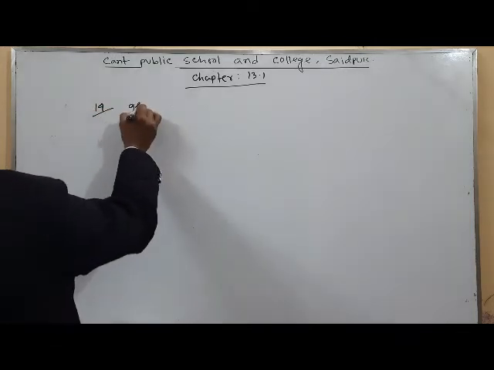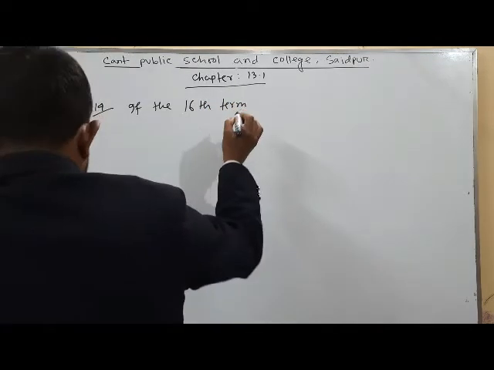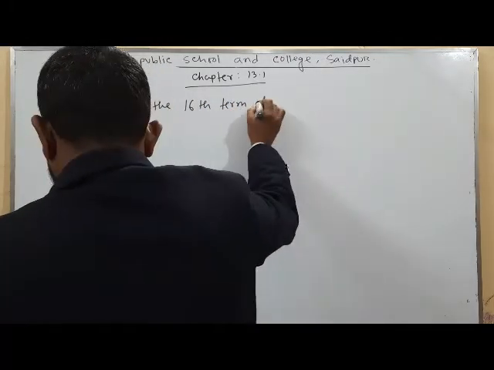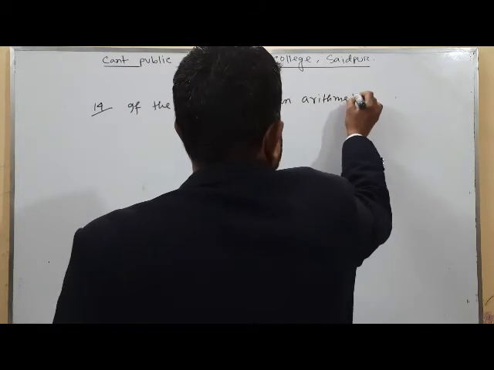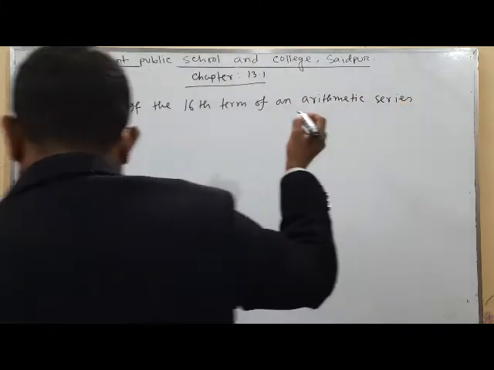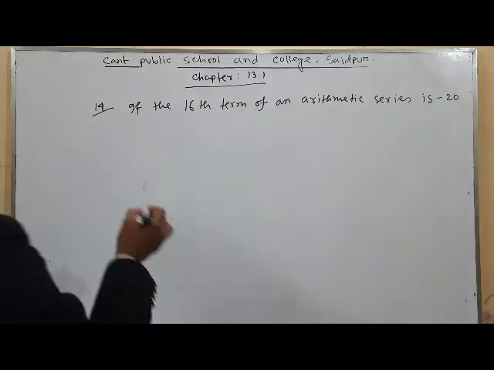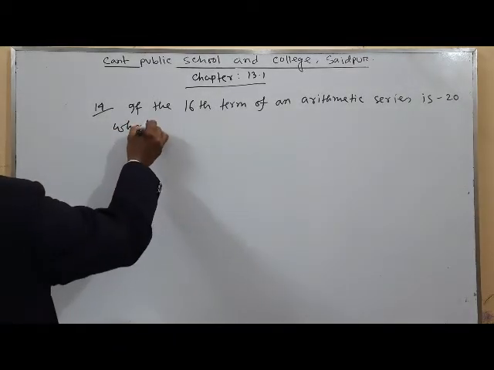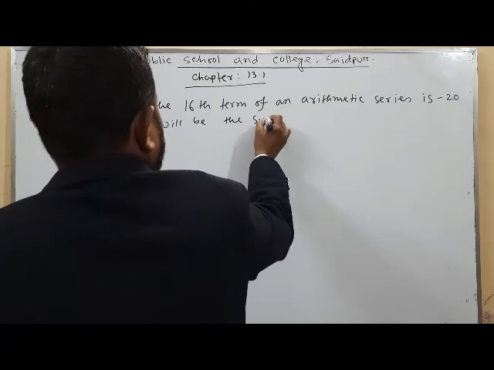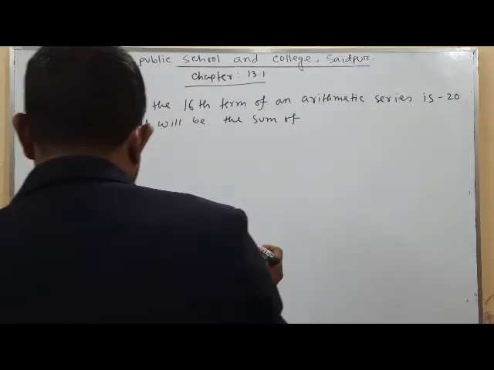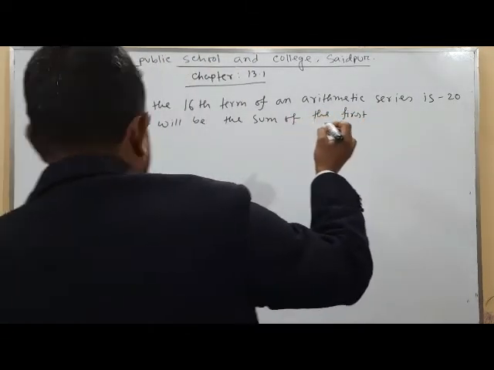If the 16th term of an arithmetic series is minus 20, what will be the sum of the first 31 terms?